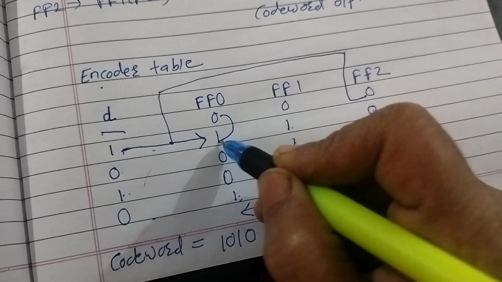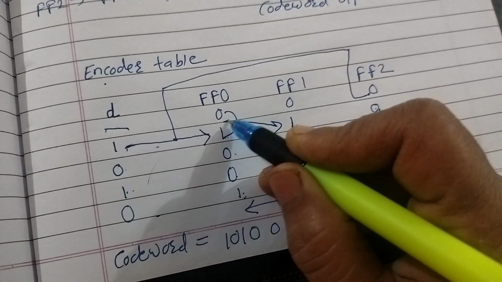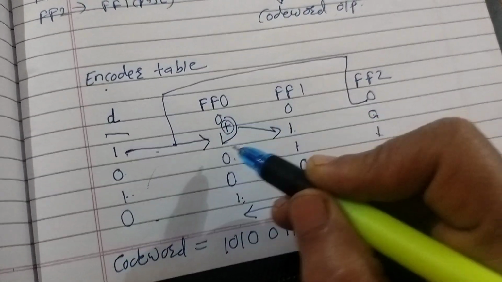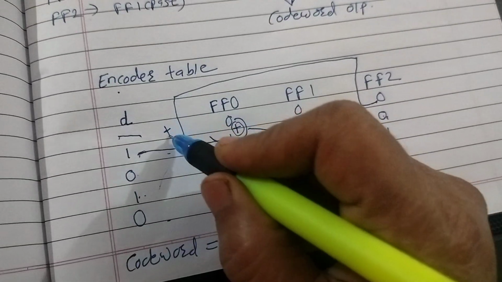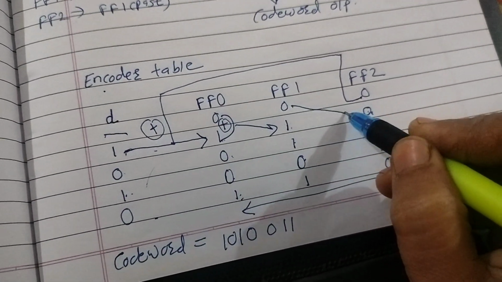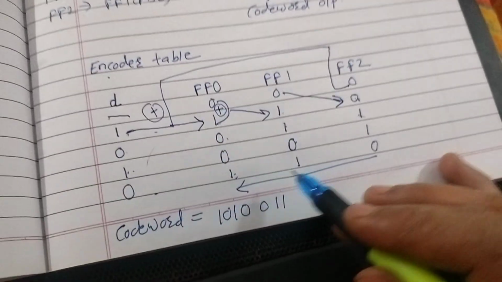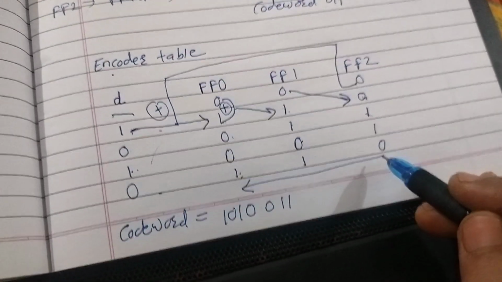Then this and this will give you this one, and this addition, and this also addition, and this will appear as it is here. Now you have to implement this for all the rows. You will get 1 1 0. So the answer is 0 1 1.